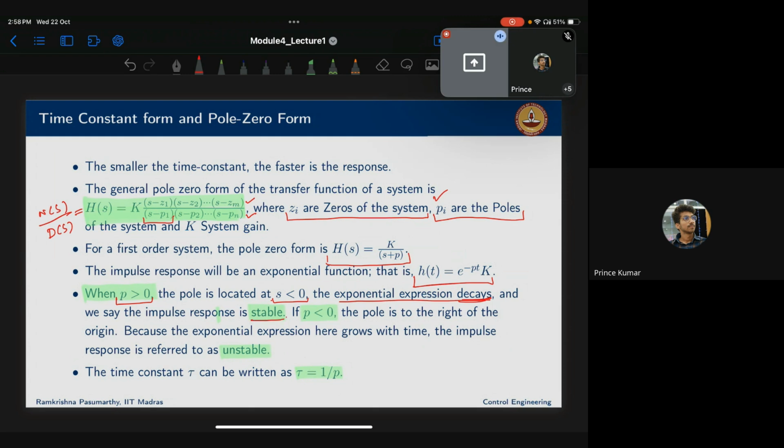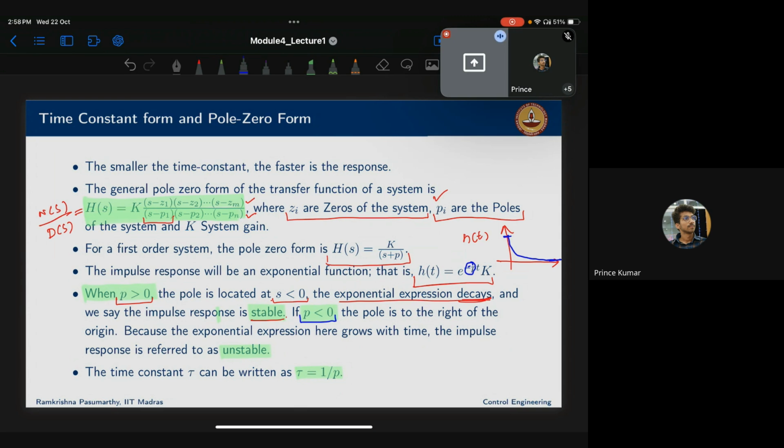Why? Because as time increases, the response is going to be something like this. After some time, it gets stabilized to 0. So that is the first case. The second case is when p is less than 0, here you will have a plus quantity. This will become positive, so you'll have some kind of e power at.